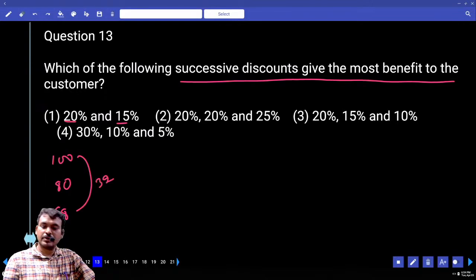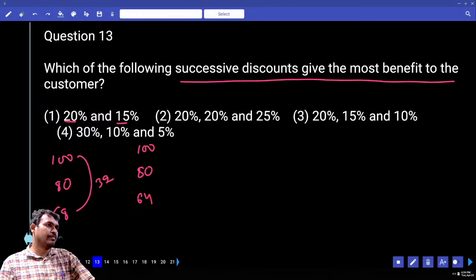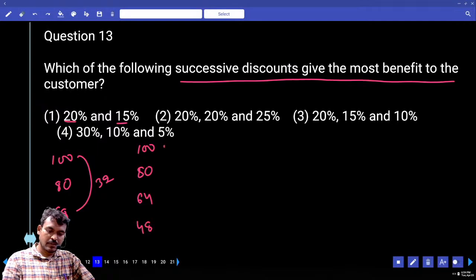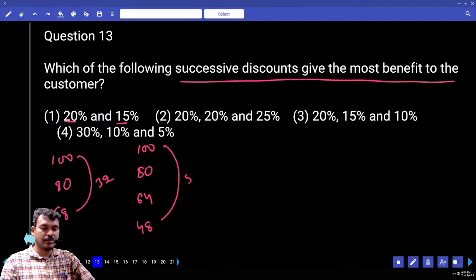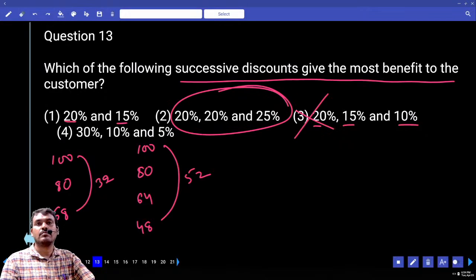Second one 20%, 20% and 25: 100, 80, 64. What is the 25% of 64? 16. Remaining 48. 52 benefited. Next 20, 15, 10. Compared to the first one, the second one is more.